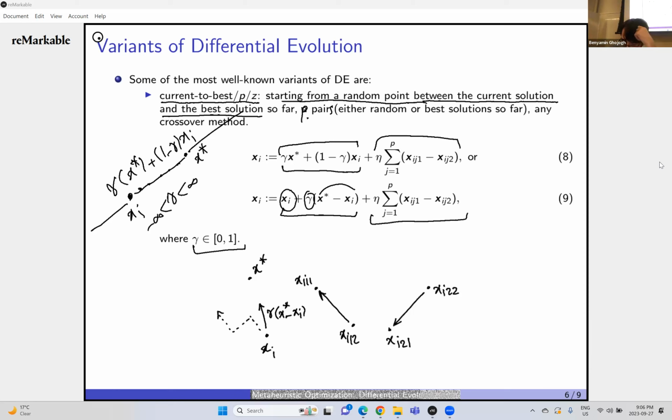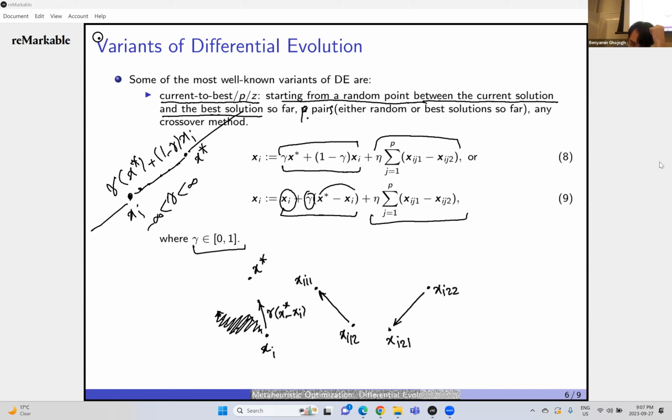This is the figure, for example. I have 2 pairs here, and this is X star. This is Xi. So gamma times X star minus Xi is somewhere in between here. So starting from here. Sorry, give me a second. I think the figure is better drawn in this way.